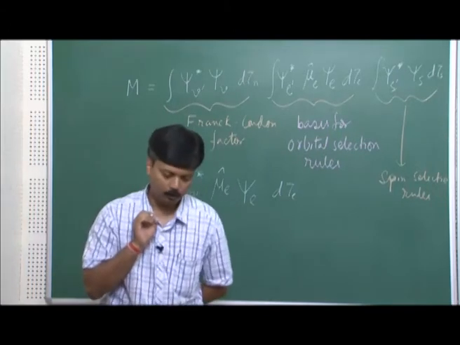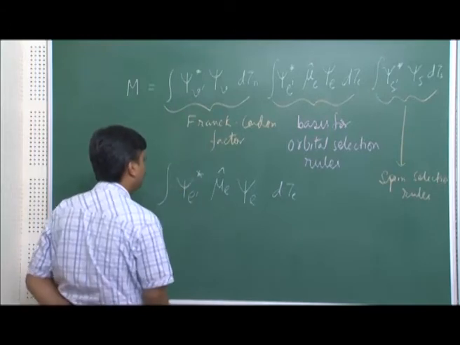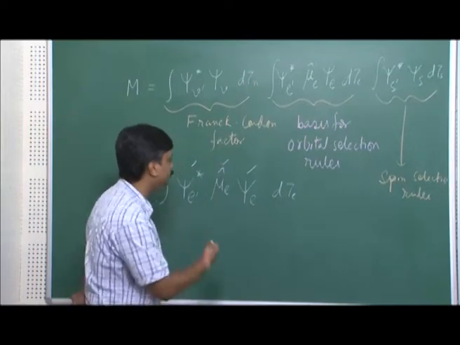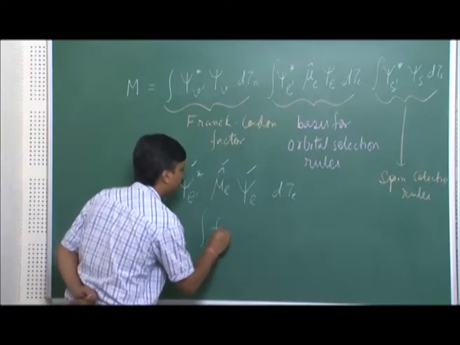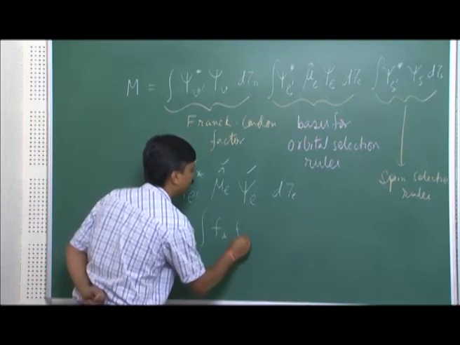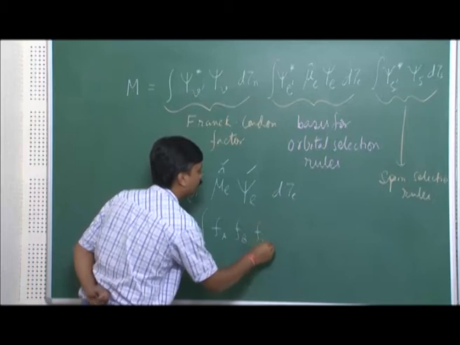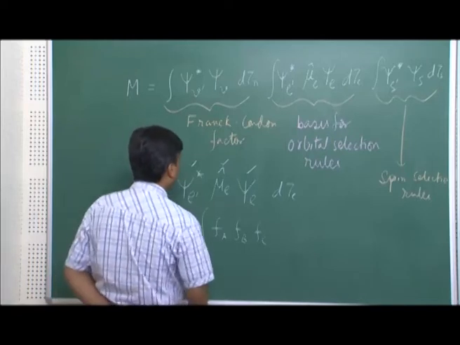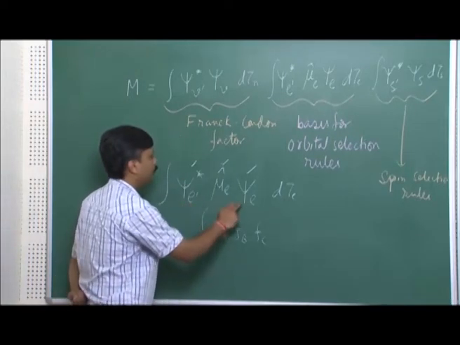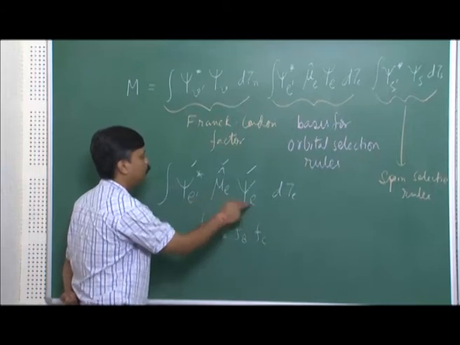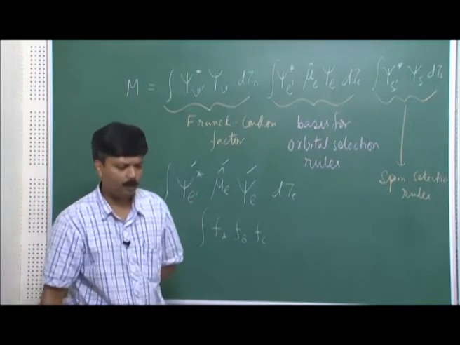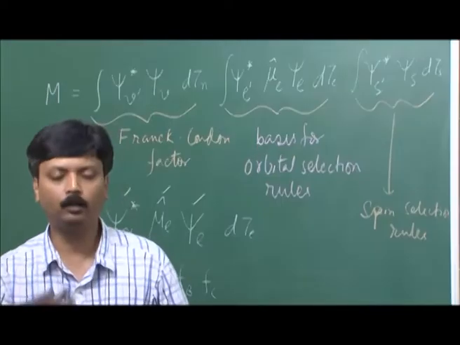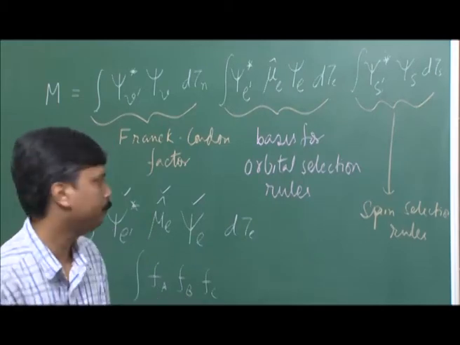One has to look at the symmetries of each of these functions. The situation is very similar to when I have three different functions and I am trying to find the value of the integral. Here I know that these two wave functions and the operator all individually transform according to one of the IRs of the point group for the molecule.